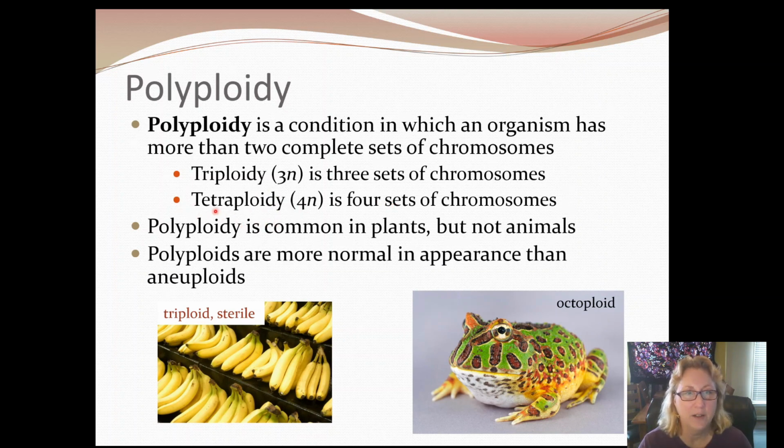And there are normal organisms that are tetraploid or more, octoploid, dodecaploid. This particular species of frog, for example, is octoploid and is perfectly normal. Sometimes polyploidy is a speciation event. For this particular frog species, there's a closely related species that's only tetraploid, and there are other closely related species that are only diploid.